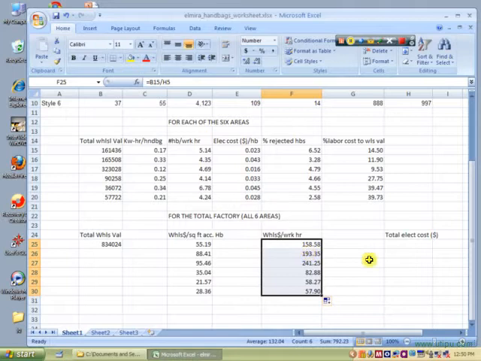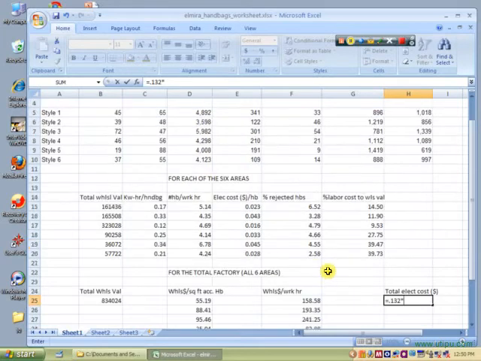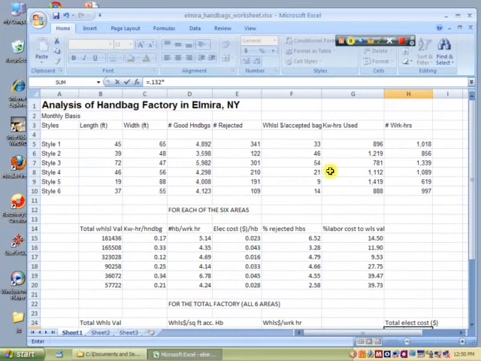Then finally, let's go over our total electric costs. So that would be, as you know, 0.132 or 13.2 cents, times the number of kilowatt hours, which was G5, wasn't it? Yeah, here we go.